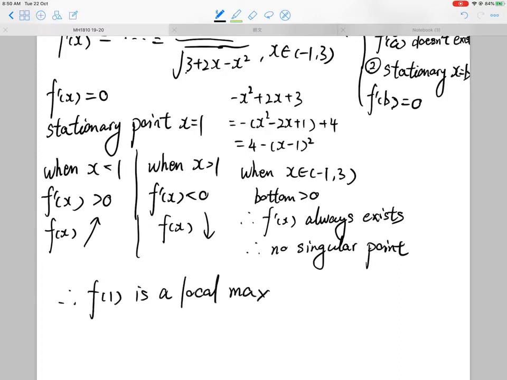So this is the first way we can figure out whether it is a local maximum or a local minimum.